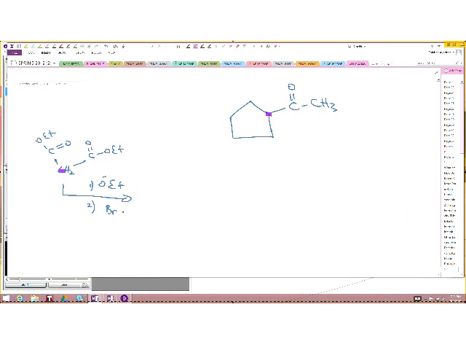So therefore, that would be this here. Using an excess of this, you don't really need to say excess; we just have to assume that is what you are doing.